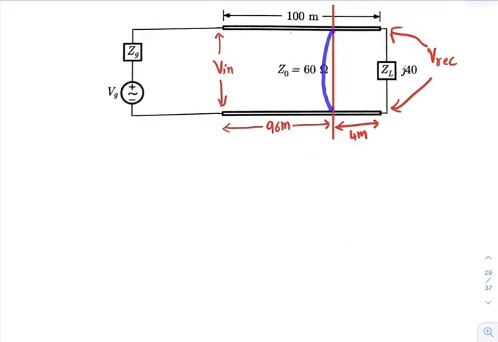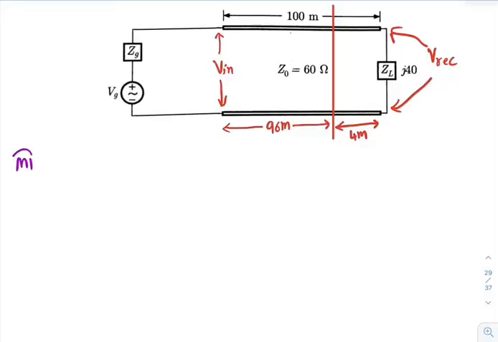Now we need voltage at this point, which is 4 meters from the load. This problem you can solve in two methods. One is by considering the voltage at the receiving end, and the second method is by considering the voltage at the input end. If you consider the voltage at the receiving end, you have to travel a distance of 4 meters from the load. If you consider the input voltage, or from the transmission side, then you have to consider a distance of 96 meters from the source.